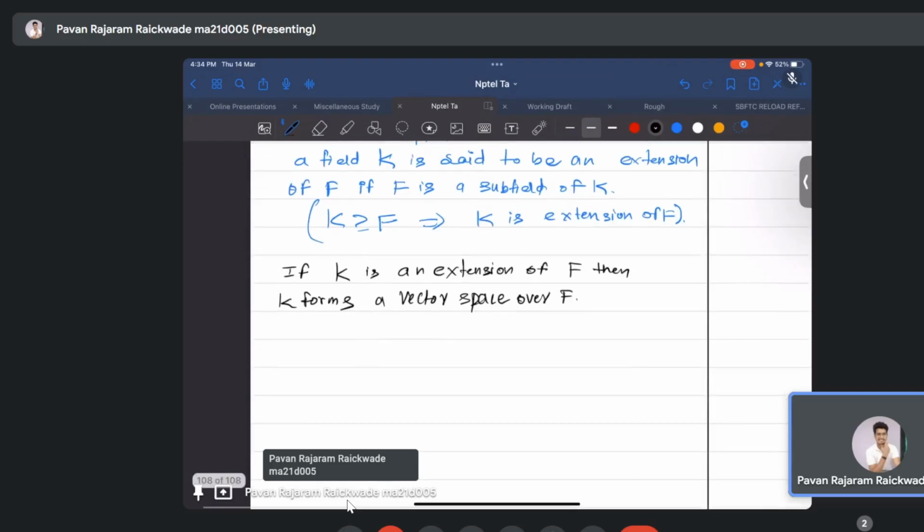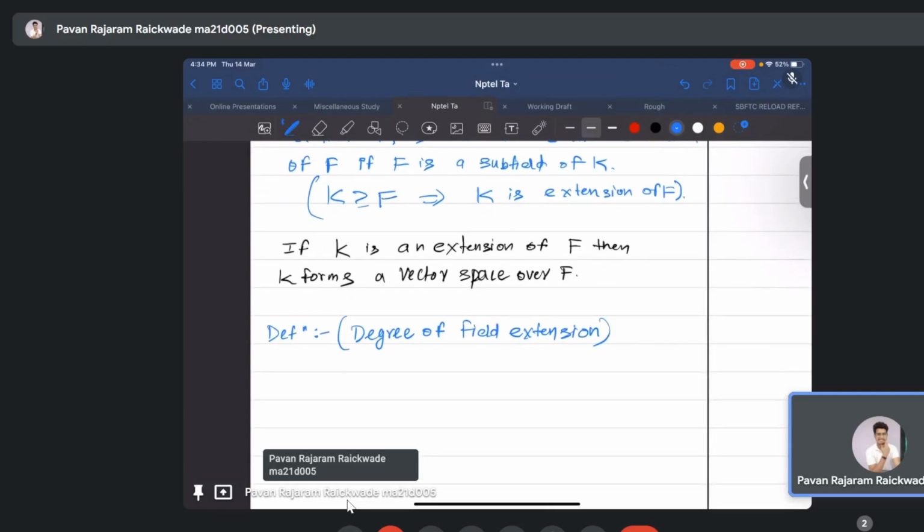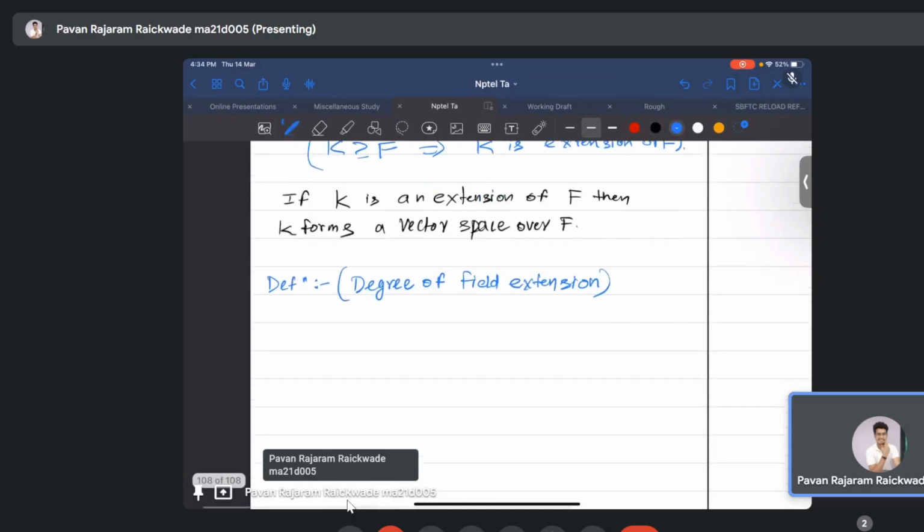So we define the degree of a field extension. Definition: degree of field extension. And what is that? This is simply the dimension of the vector space k over f. So formally, let k be an extension field of f.